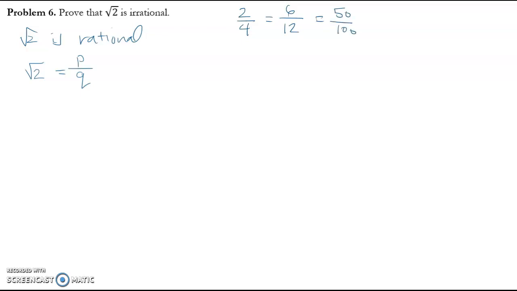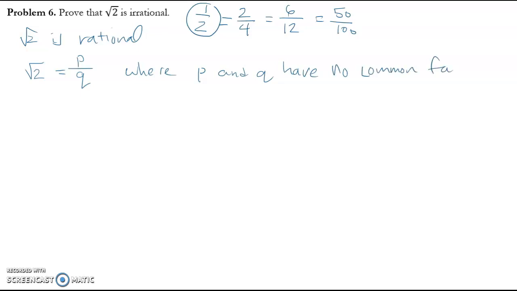Because there will be an infinite number of fractions available, I'm going to define that I'm only going to take the most reduced form. So I would have to define that P and Q have no common factors. So for our example here, 1 over 2 is the only fraction that I'm going to take.